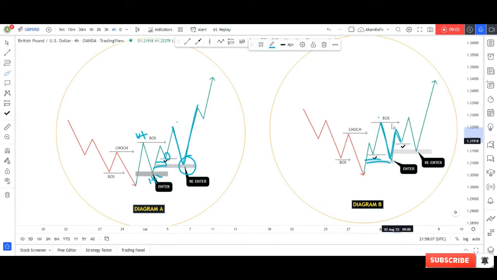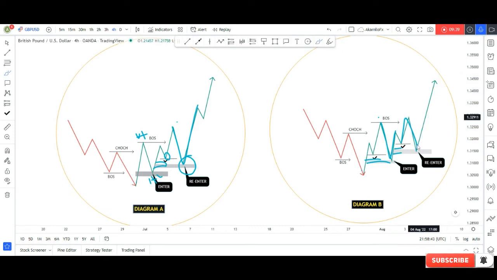You understand? Price creates an inducement leg that clearly gives us liquidity to the downside. So this low here is also an inducement leg. Since this is an inducement leg, we want price to clear to the downside, give us a BUS, and then give us a pullback, so we can take our re-entry at this particular zone. So we'll find our order block or imbalance zone here, or a vacuum block, to take the position to the upside.